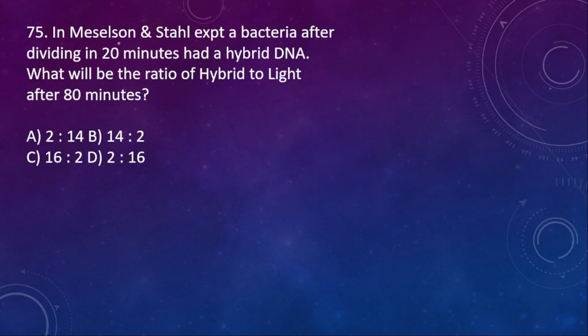75th question. In the Meselson and Stahl experiment, a bacteria after dividing in 20 minutes had a hybrid DNA. What will be the ratio of hybrid to light after 80 minutes? What is the ratio he is asking here?